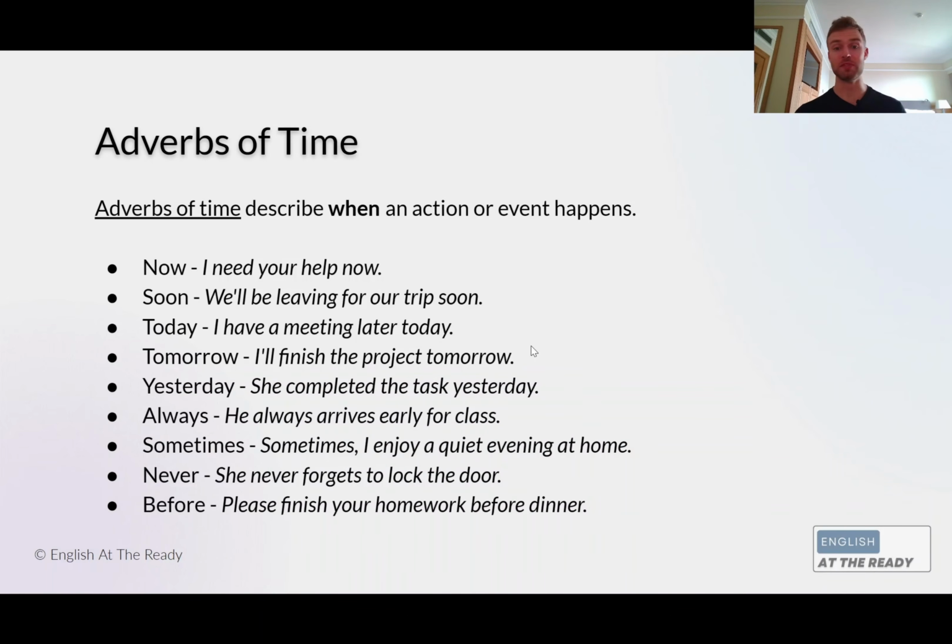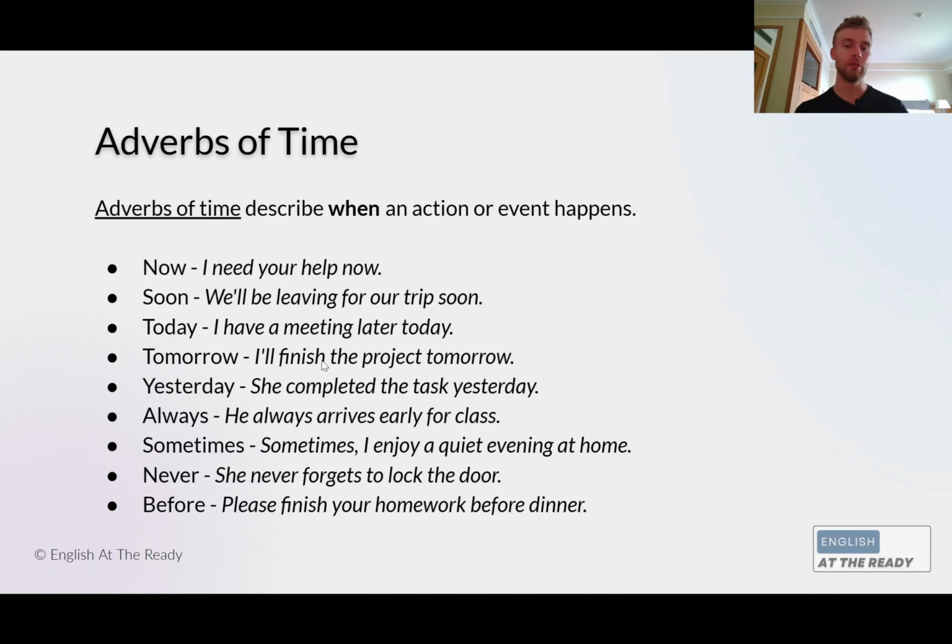Let's look at adverbs of time. And adverbs of time describe when an action or event happens. For example, now. I need your help now. Or soon. We'll be leaving for our trip soon. When are we leaving? Soon. Today. I have a meeting later today.